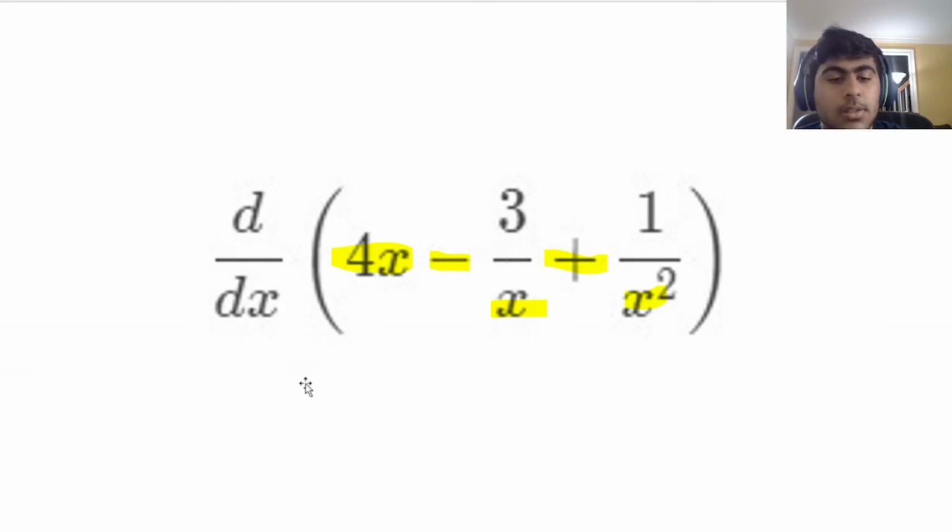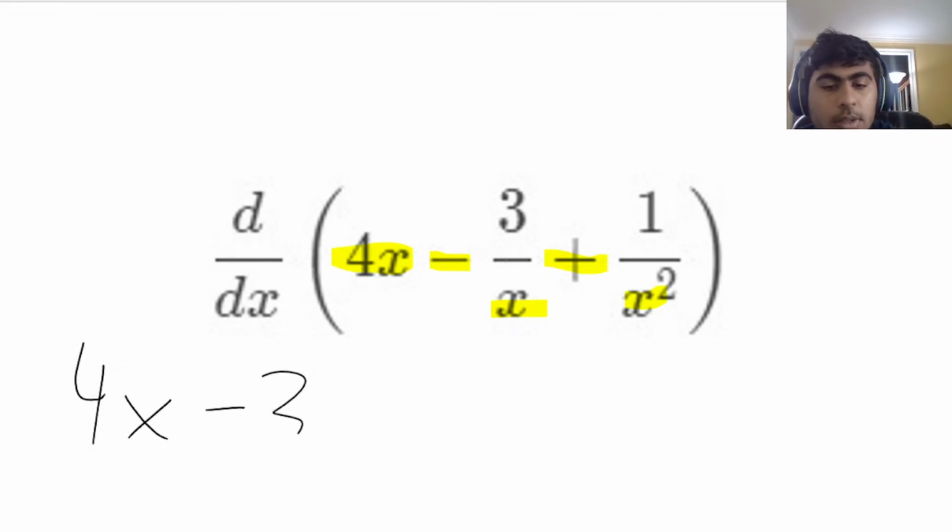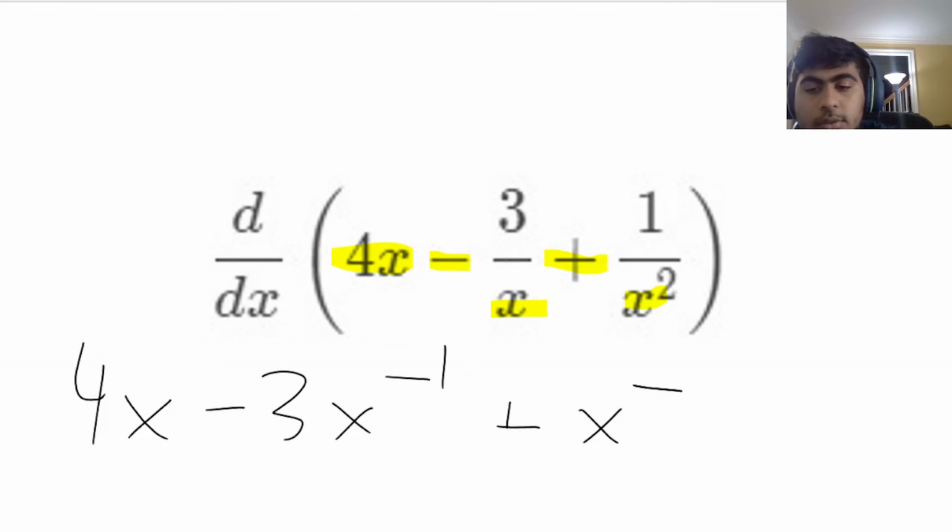We just do this. Transform the equation into 4x minus 3x to the negative 1 plus x to the negative 2.